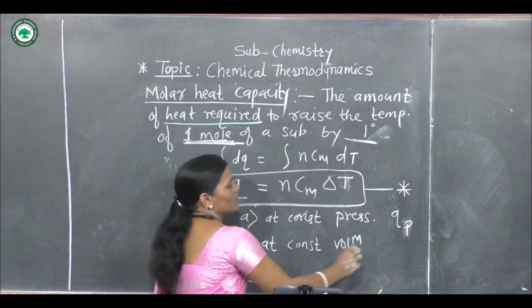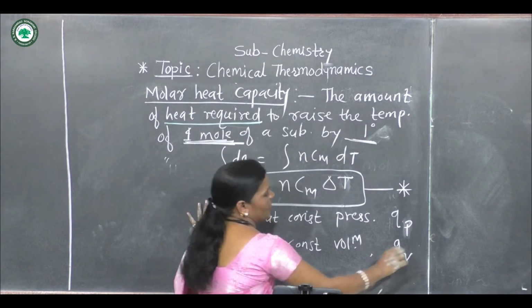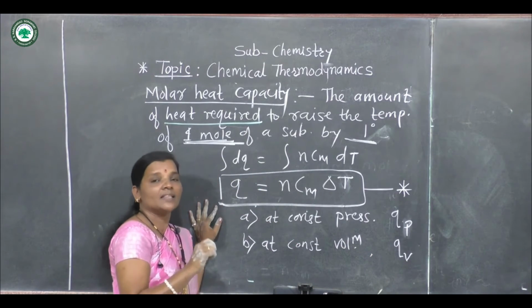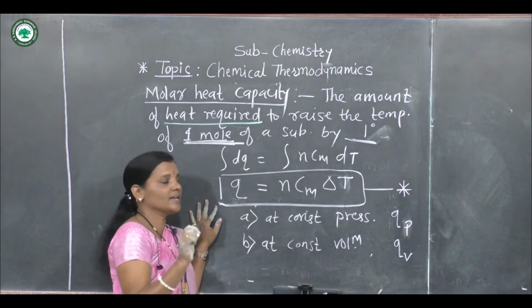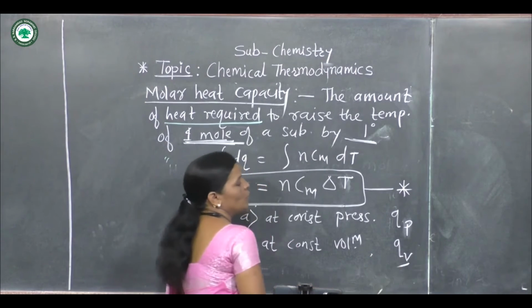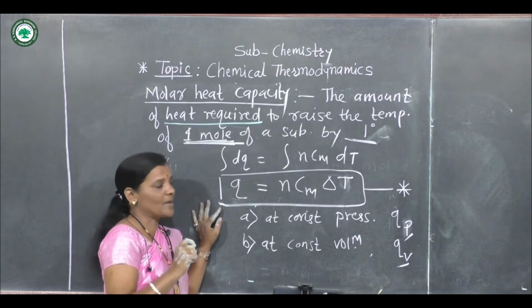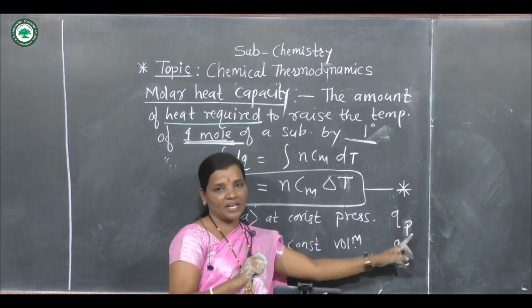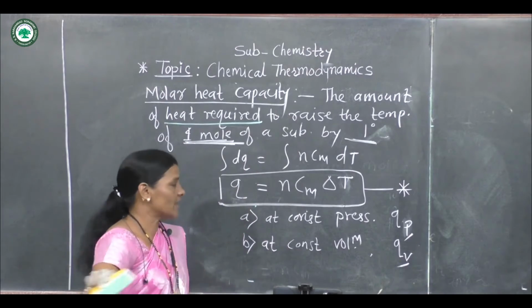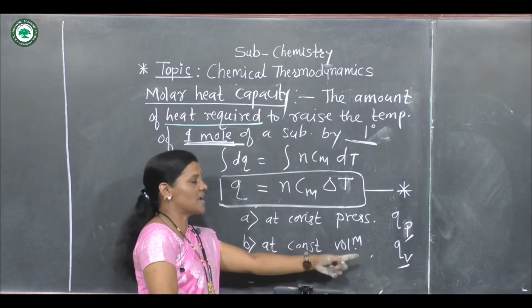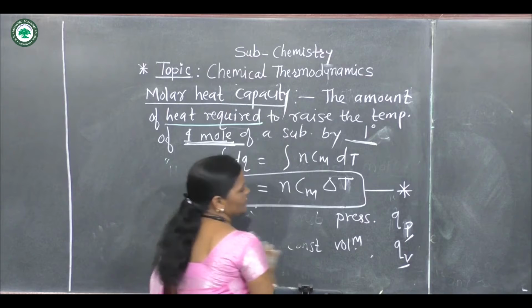And at constant volume, if we want to define that molar heat capacity, from this formula we can write QV. Here subscript V indicates molar heat capacity at constant volume, and subscript P indicates molar heat capacity at constant pressure. Let us see how we can write formulas for QP and QV.